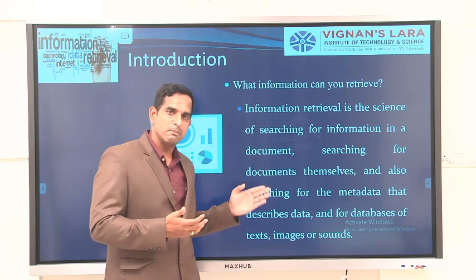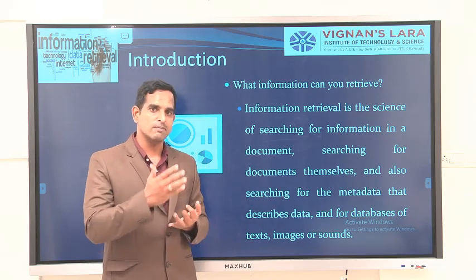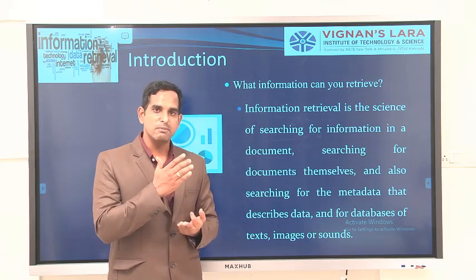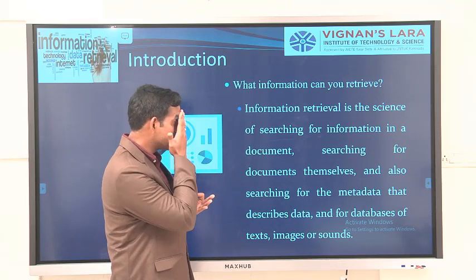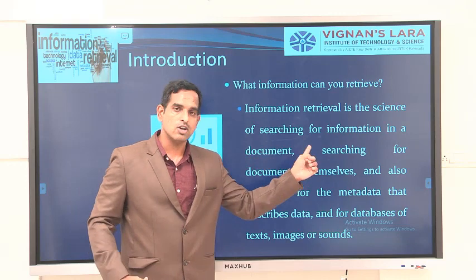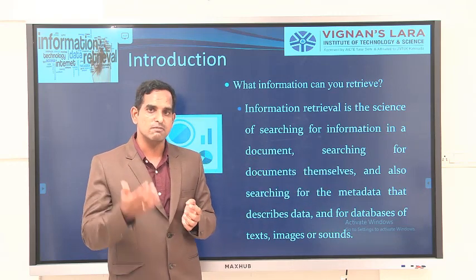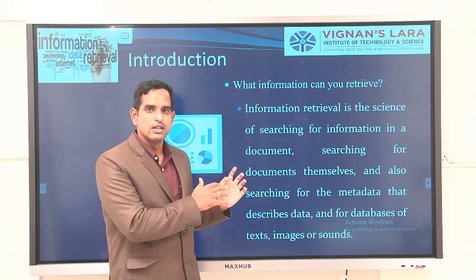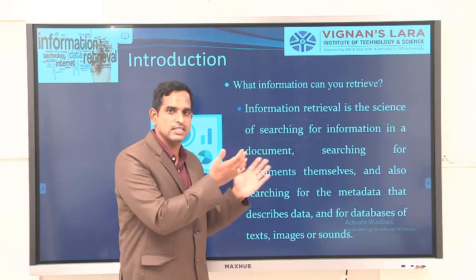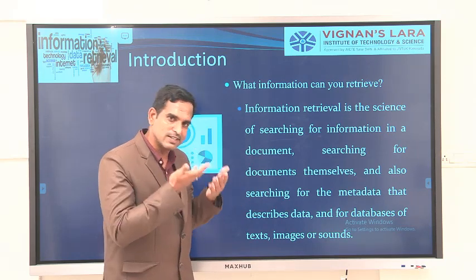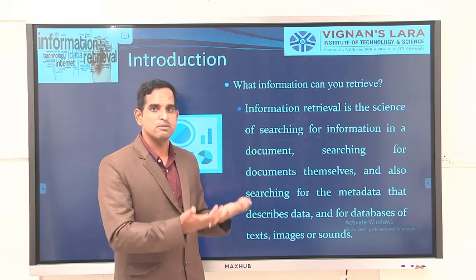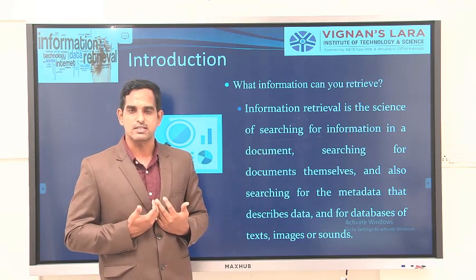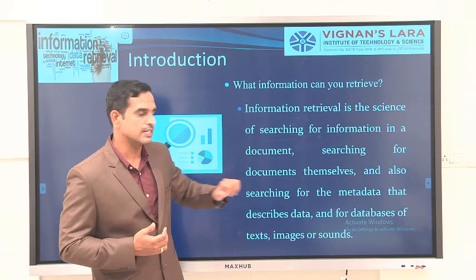So you might be searching for a video, or an audio, or a general text file, or a basic document, or some text in the document, or the document itself. So all these things can be retrieved from your information retrieval system. This is what you can retrieve.